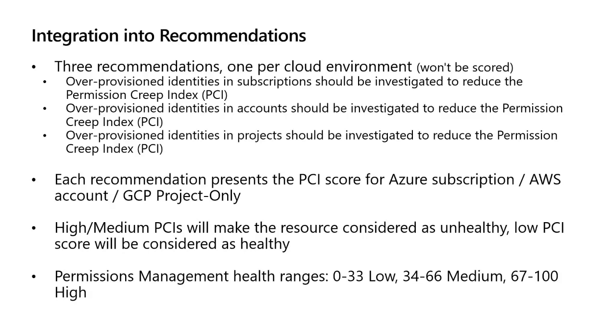High and medium PCIs will make the resource considered unhealthy, and a low PCI score will be considered healthy permissions. So for permission management health, the ranges are calculated as follows: 0 to 33 is considered low, 34 to 66 is considered medium, and 67 to 100 will be considered high.